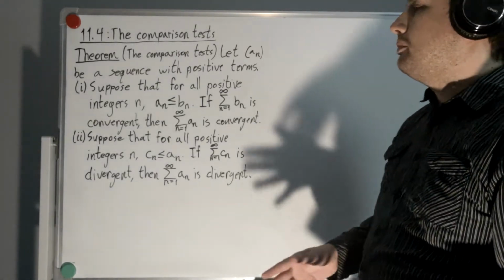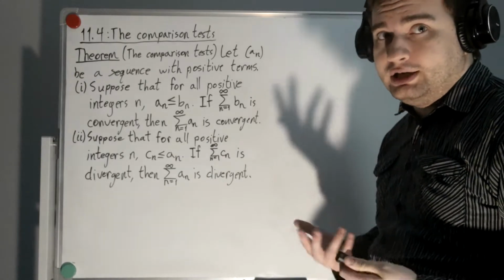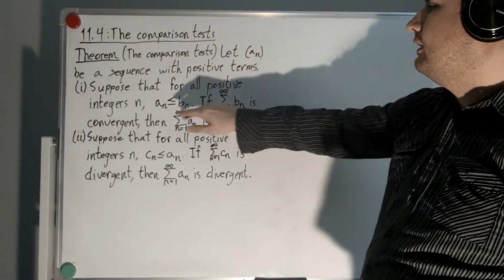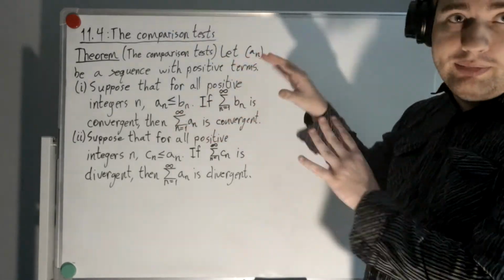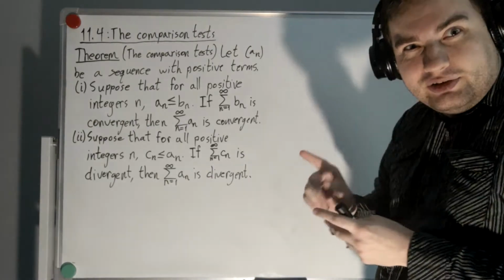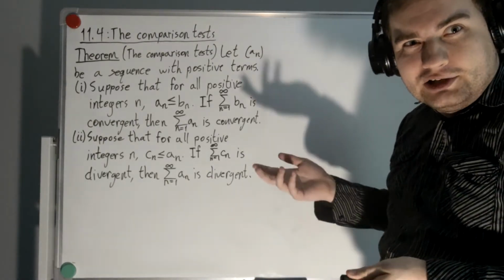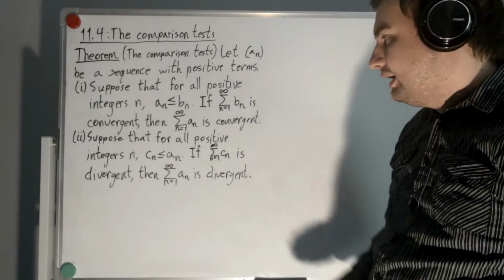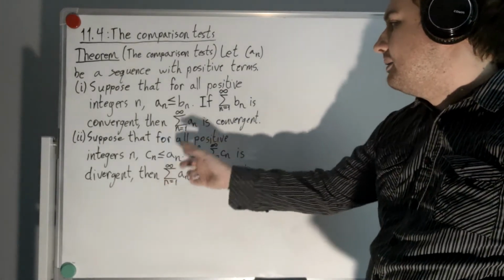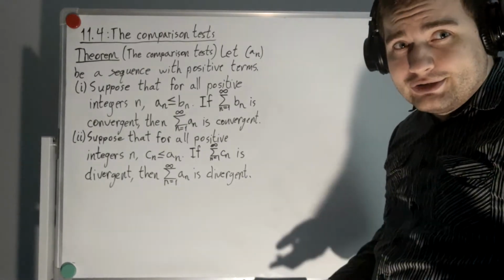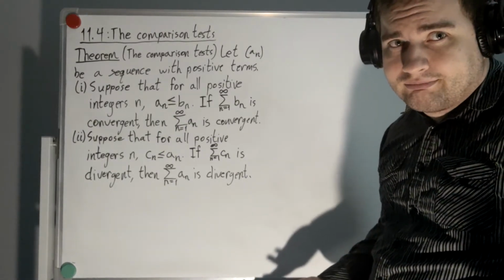Just like for the comparison tests for the improper integrals, if I have a sequence bn that bounds an above, and it diverges, the series of bn diverges, that doesn't tell me anything. Similarly, if you can find a sequence that bounds an below, and that corresponding series converges, again, doesn't tell you anything. Okay?